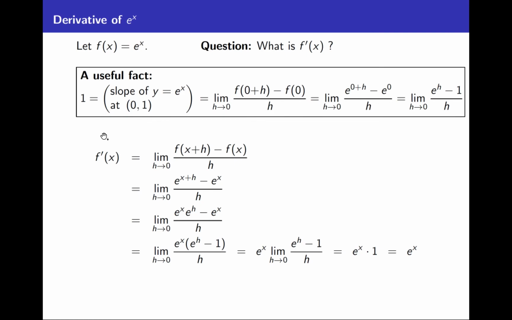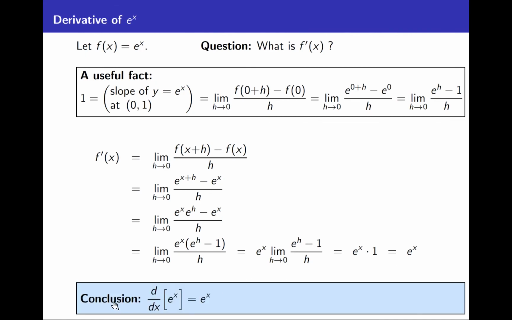We've just computed f prime of x. We've answered our question. When f of x is e to the x, f prime of x is also e to the x. We've justified our rule for the derivative of e to the power of x. It's equal to e to the power of x.